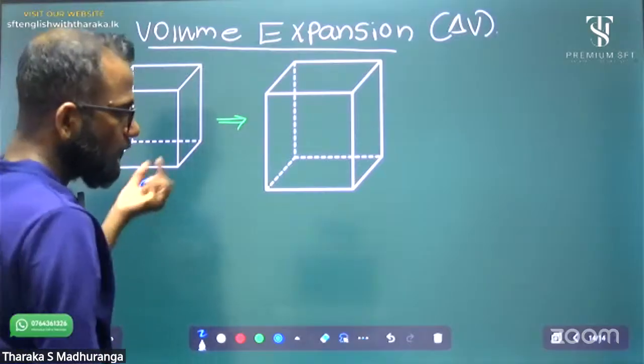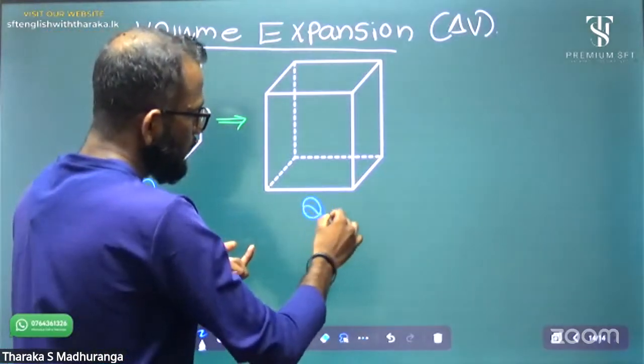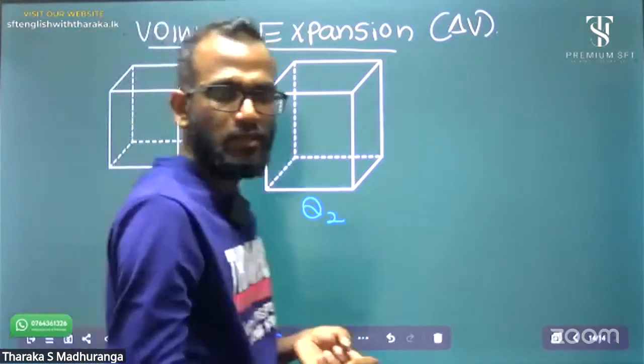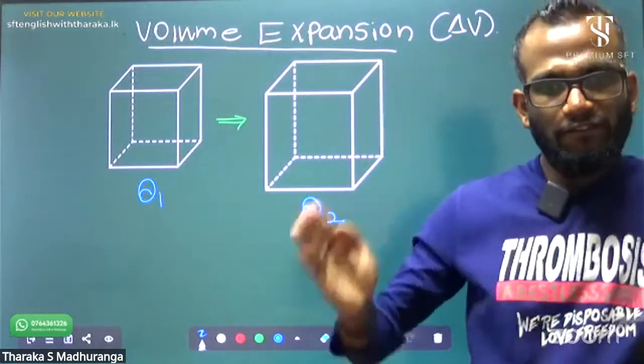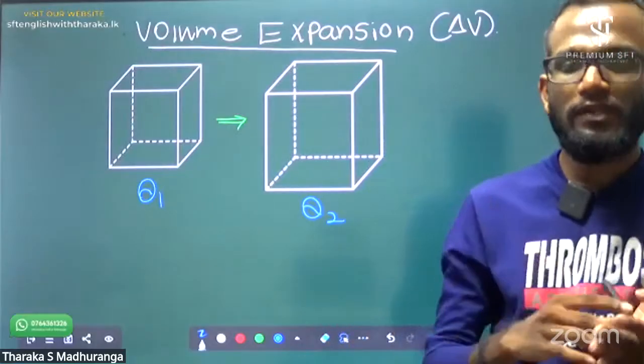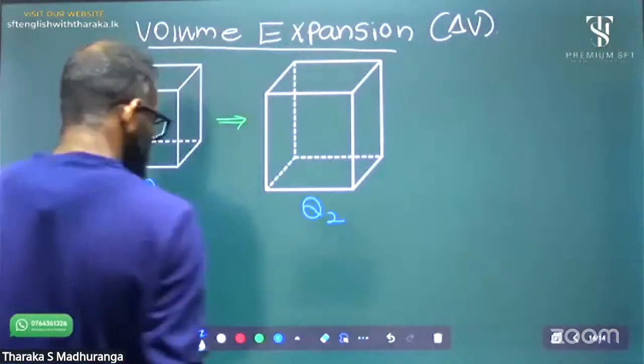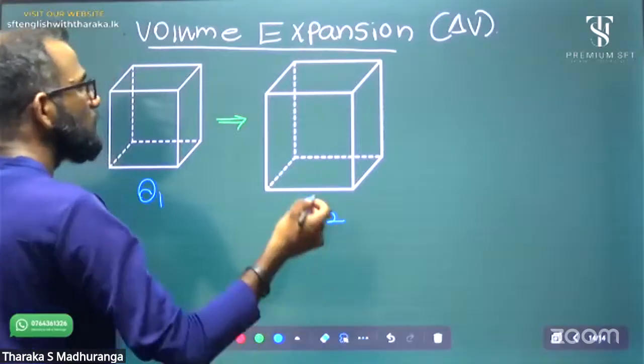If it is heated up to theta 2, it increases in size: length, width and height, all three dimensions.